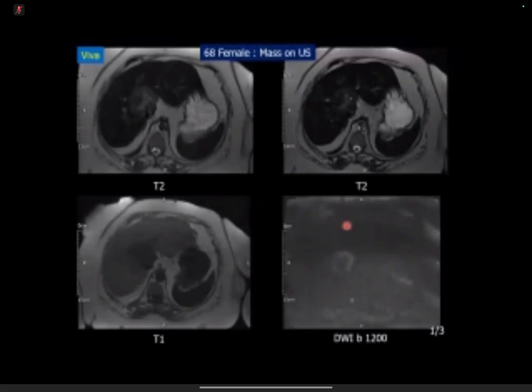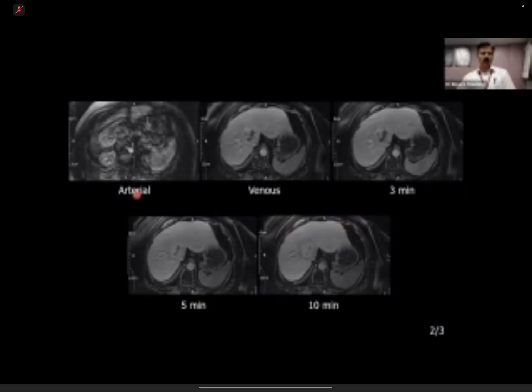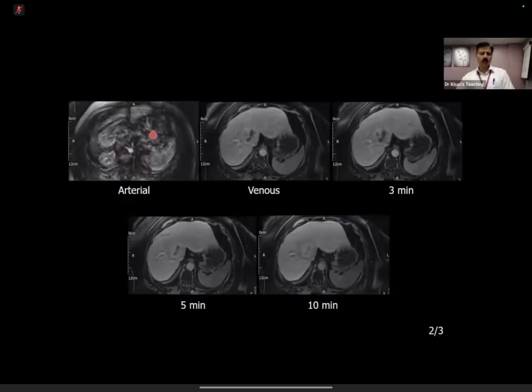Malignant. Okay, so on arterial phase, the patient moved a lot, and this usually happens on arterial. Having said that, you can see a bit of enhancement, then venous, then the later phases. Can you describe it?